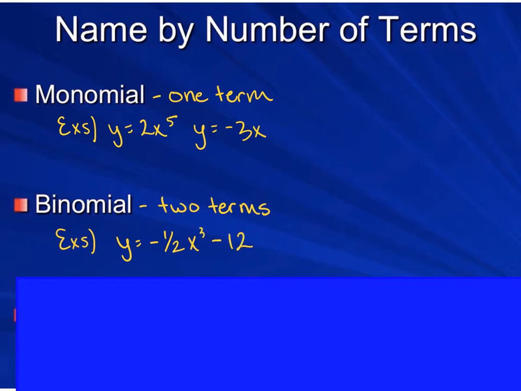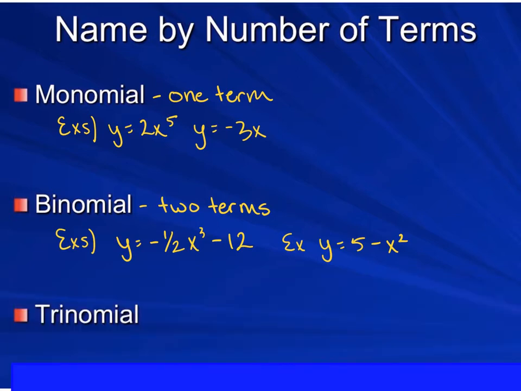This would be an example of a cubic binomial because the degree is 3 and it has 2 terms. Another example could be y equals 5 minus x squared. This is an example of a quadratic binomial. And again, hopefully you get the idea.